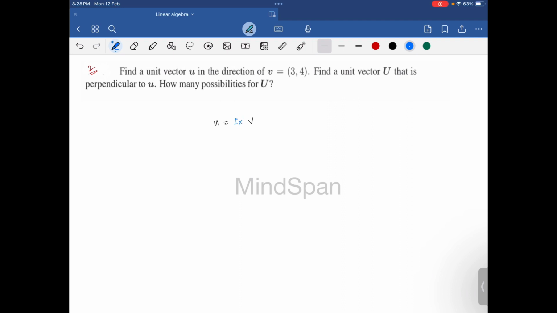We can simply divide by the length of this vector v. So ये अब जो vector u होगा, that will be a unit vector in the direction of vector v, right? So this is multiplication here.